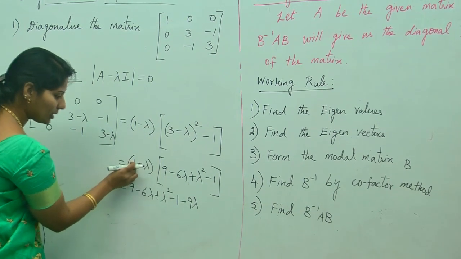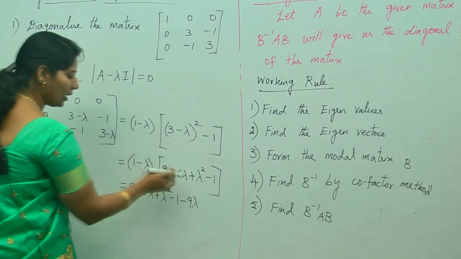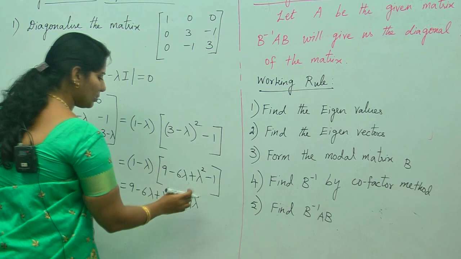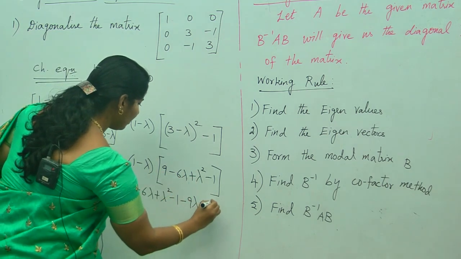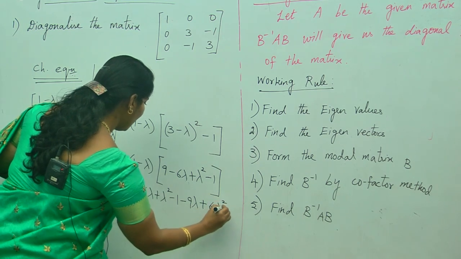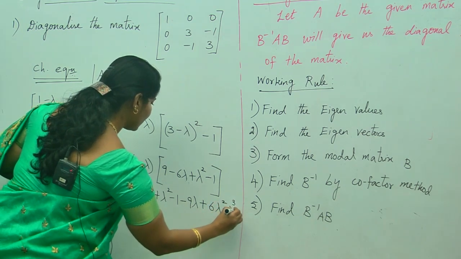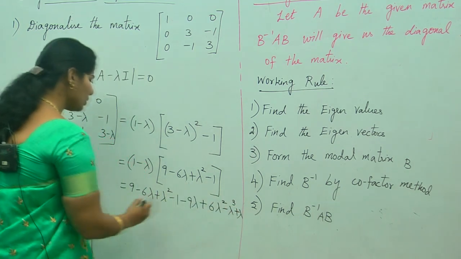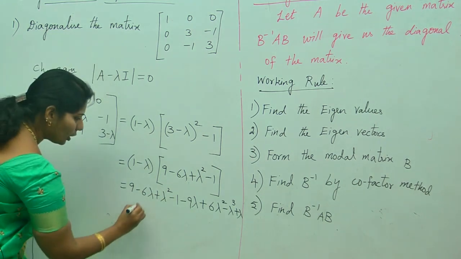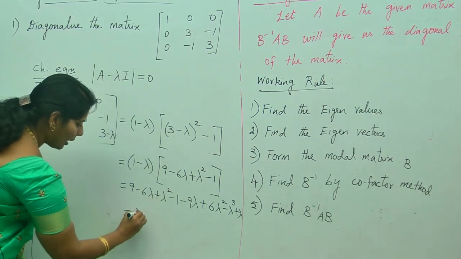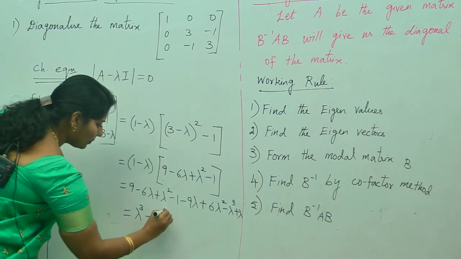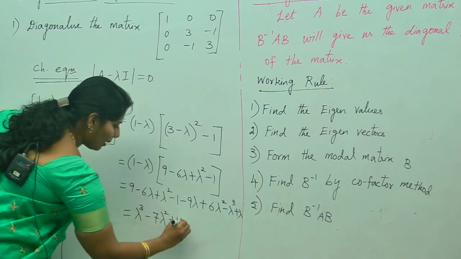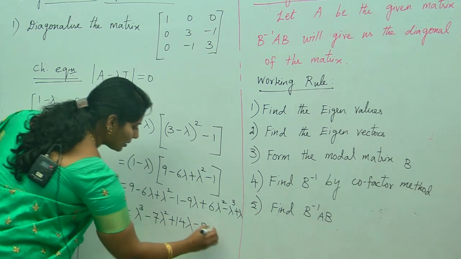First take the first element and multiply with everything, and take the next one and multiply with everything. You will get it as minus 9 lambda plus 6 lambda square minus lambda cube plus lambda. So when you simplify this, you will be getting it as lambda cube minus 7 lambda square plus 14 lambda minus 8.